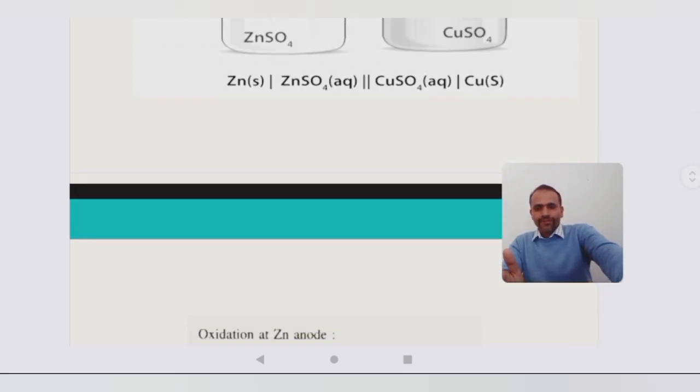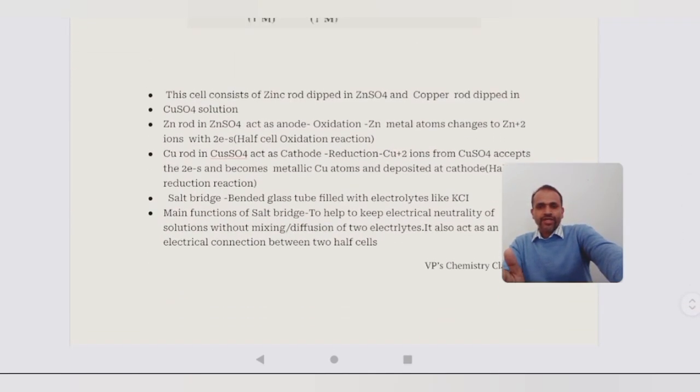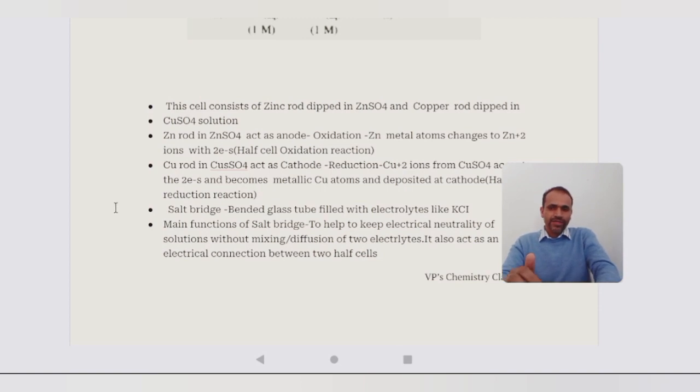Going back to the functions of the galvanic cell, as we discussed earlier, the cell consists of metallic zinc acting as the anode and metallic copper dipped in copper sulfate acting as the cathode. The reactions and equations we have already seen.